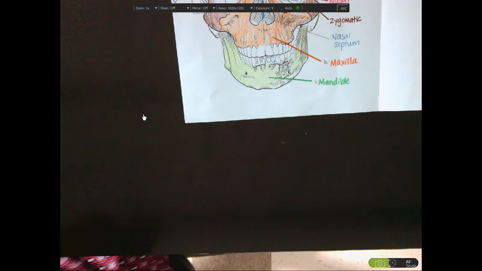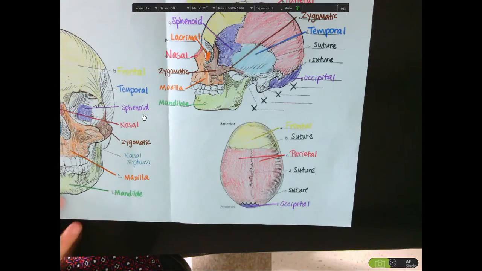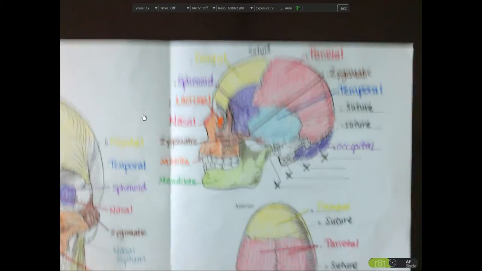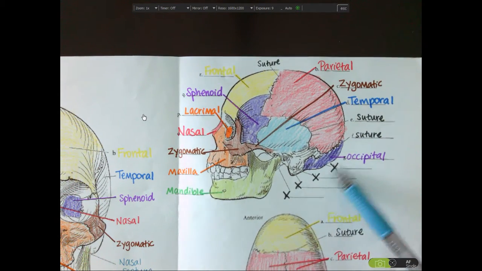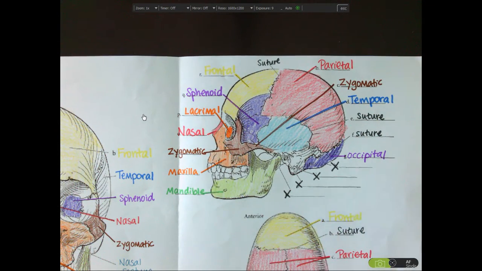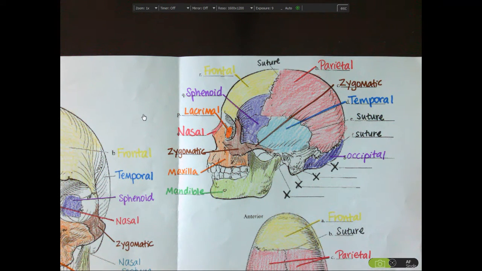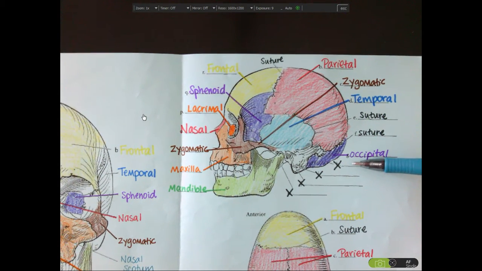Okay, so moving on to the next picture is this one. Okay, so we have these four crossed off. Those are details we will not learn. Occipital bone is the back of the head. And if you labeled H as occipital, that would work as well. Either one of these, you just need to know this is occipital.